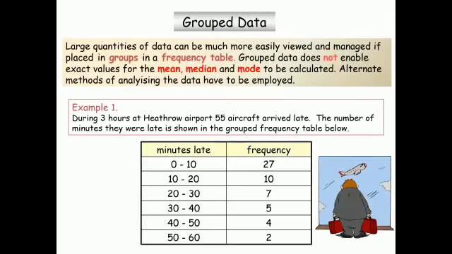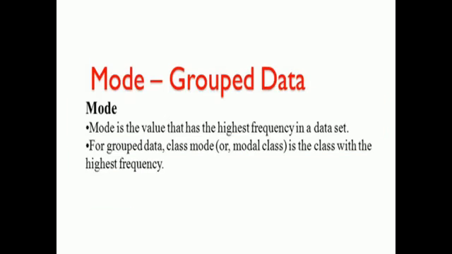So, next example. This group data has 6 intervals and the width is 10. Which is the highest frequency here? 27. Now we will see the mode of group data. The mode of group data is the class with the highest frequency.